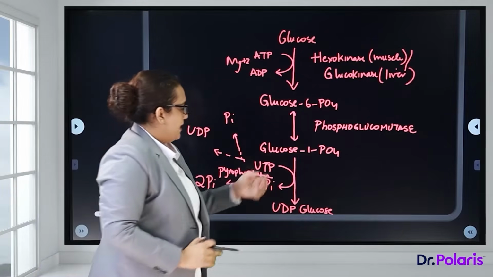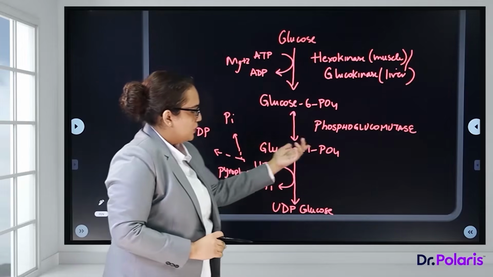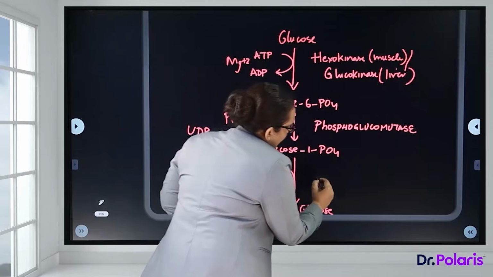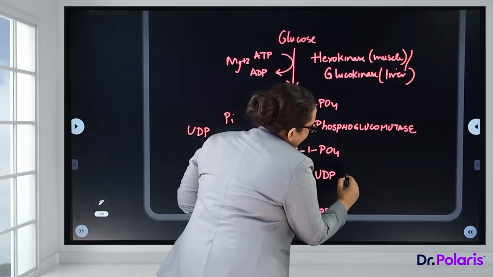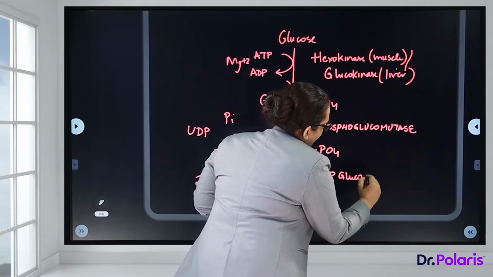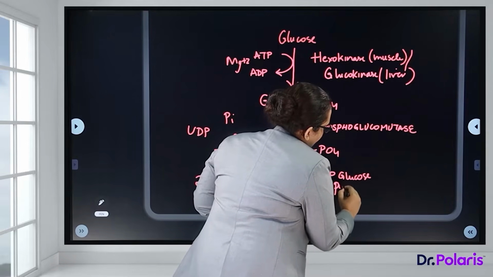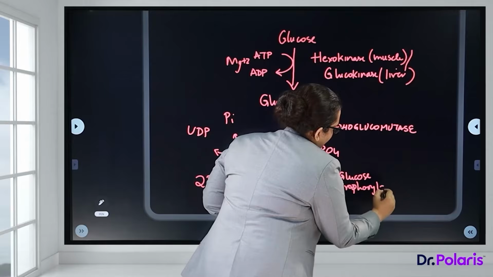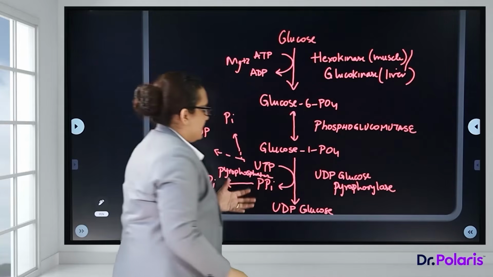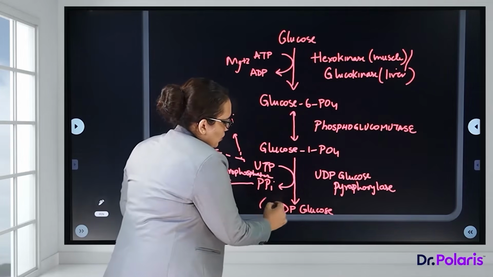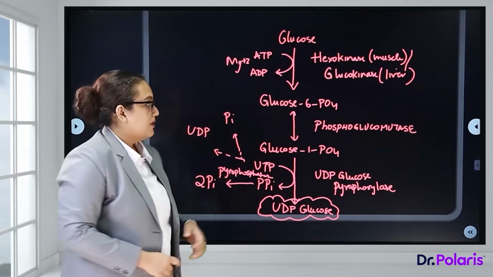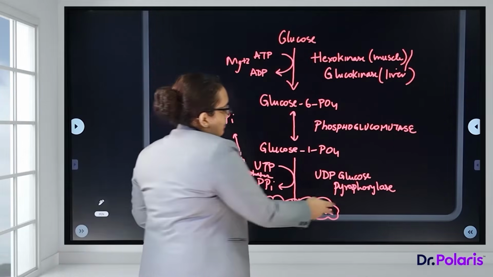The enzyme required for this conversion, that is glucose 1-phosphate to UDP glucose, is known as UDP glucose pyrophosphorylase. So this is the step, and this is how UDP glucose is formed, which acts as a donor of glucose for glycogen. Now we're done with activation of glucose.